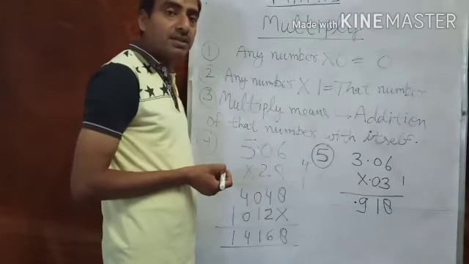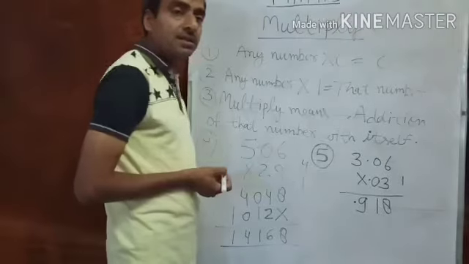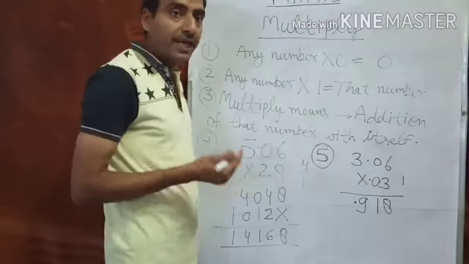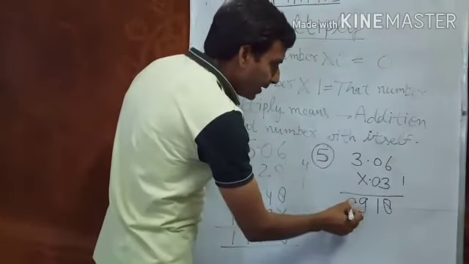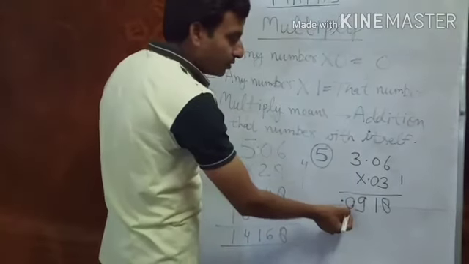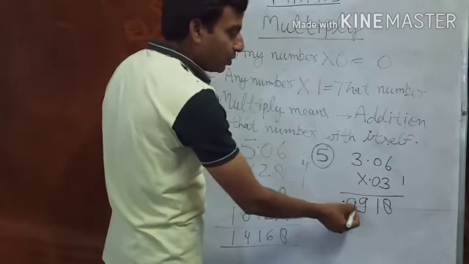There are 4 digits of decimal after counting. Then what will you do? The answer is in 3 digits. Then you have to generate the 4th digit by 0. You put 0 over here and put the decimal over here. Now the 4th digit is generated and your answer is now 0.0918.